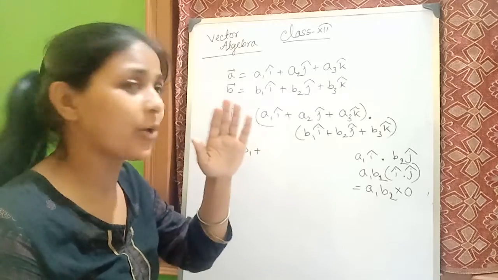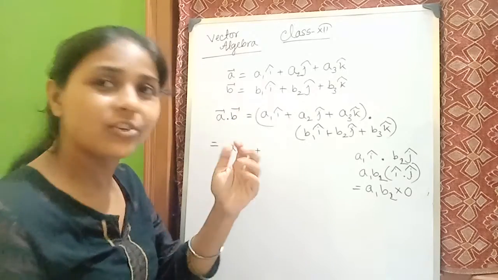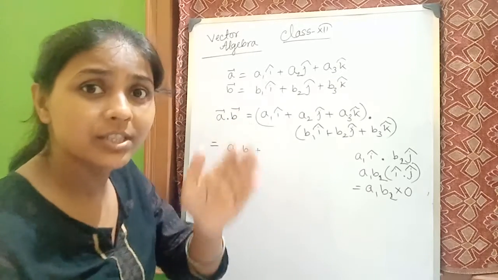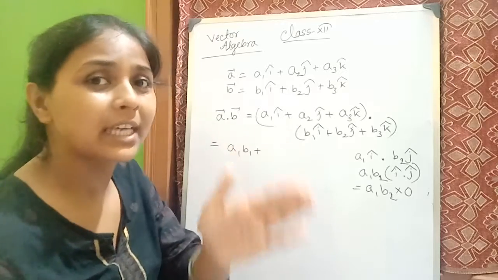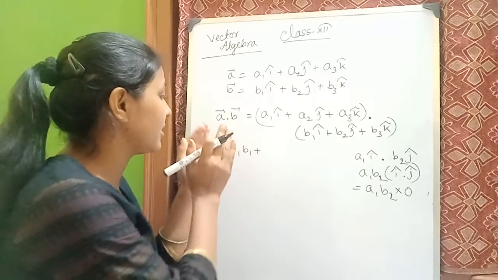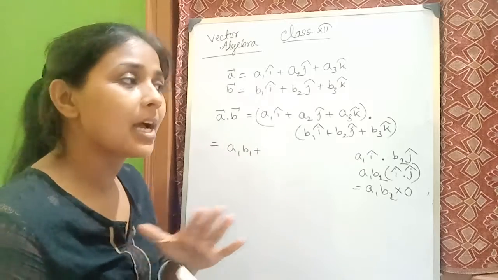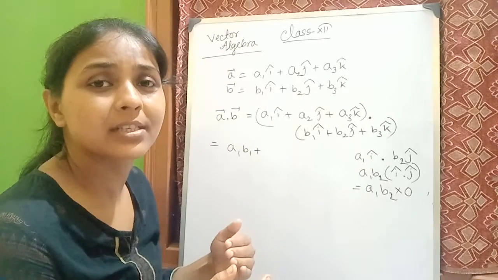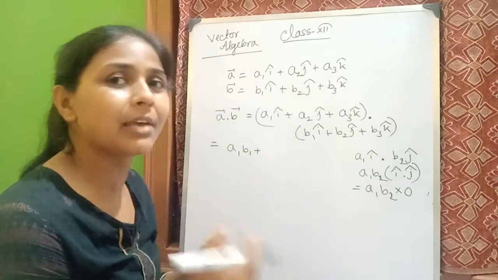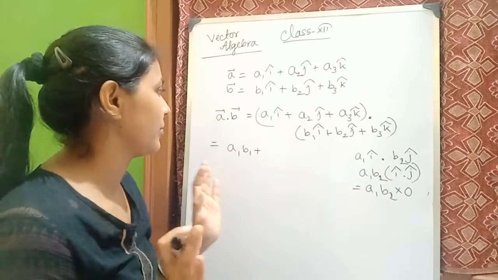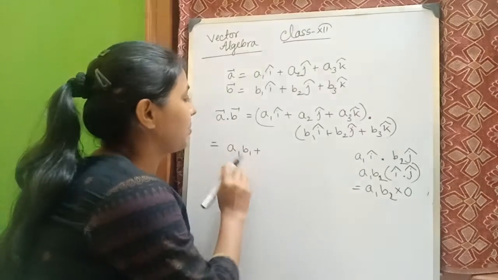So the main point is that only the i dot i term, j dot j term and k dot k term remain finally. All the rest of the terms have dot products of perpendicular vectors, so they will be 0. So we have A1 B1.